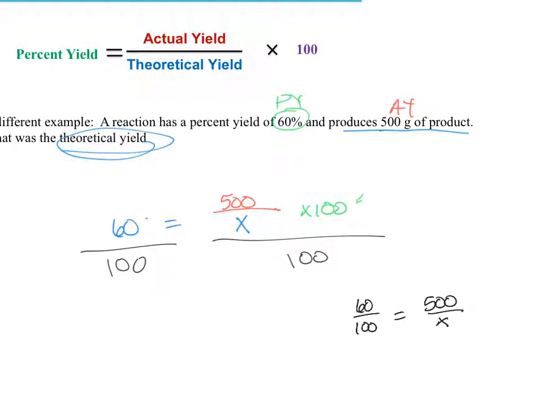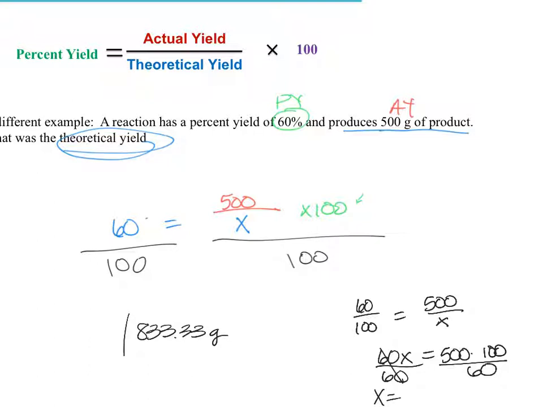You can cross multiply. So we will have 60x equals 500 times 100. And now I can divide both sides by 60 so that I can solve for x. And that'll be 500 times 100 divided by 60. So our theoretical yield would have been 833.33 grams. All right, if need be, watch this again. You are going to see a question like this on your quiz.